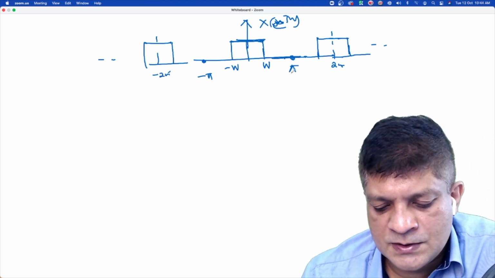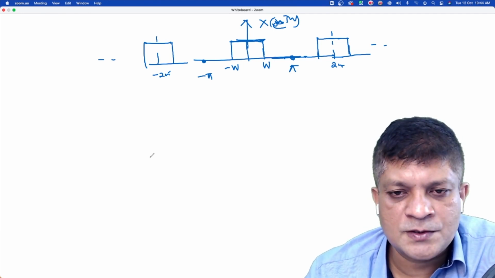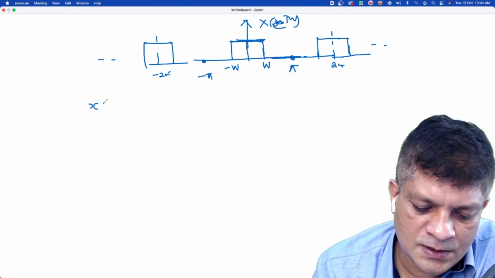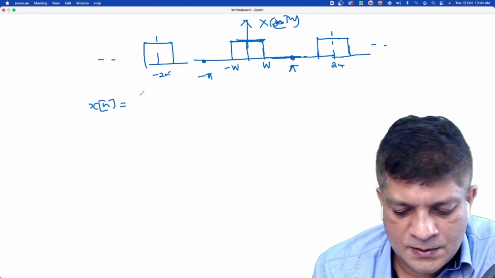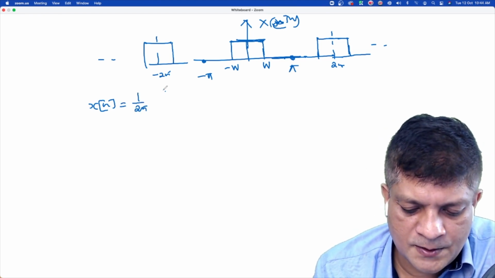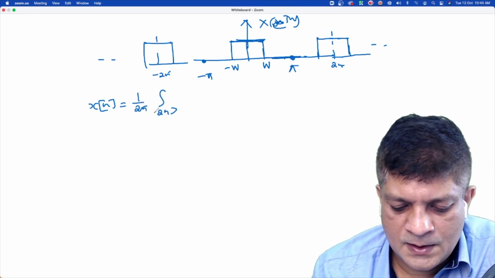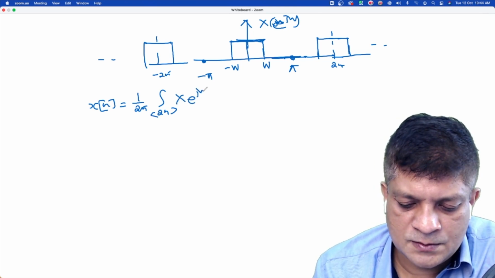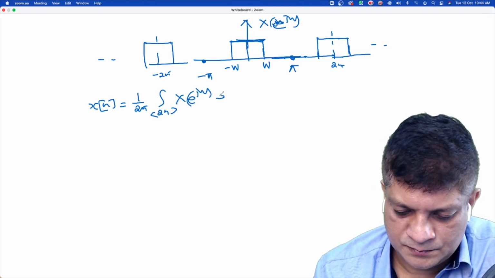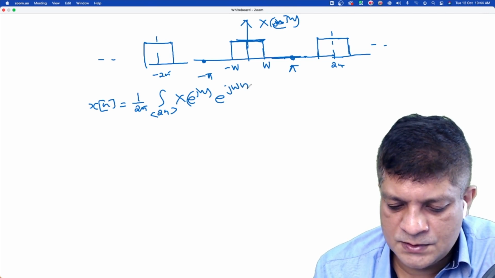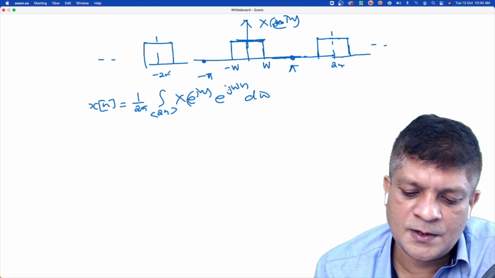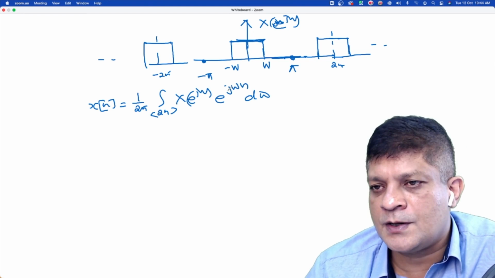Now tell me, what is the inverse Fourier transform of this, the corresponding signal x[n]? I can write down the expression: 1 upon 2 pi integration over 2 pi of X(e to the power j omega) e to the power j omega n d omega. That is the inverse Fourier integral.